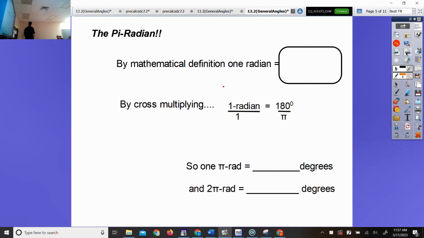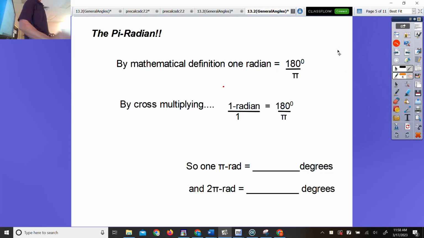We also use something called a pi radian, because pi radians are cleaner numbers. So 1 radian, which I just defined mathematically to you, was 180 over pi. Mathematical definition, 180 degrees divided by pi. And if you cross multiply it, you'll get something we call a pi rad. So if you say 1 radian over 1 is equal to 180 over pi, and if you do some cross multiplication here, what's that 1 times that pi?